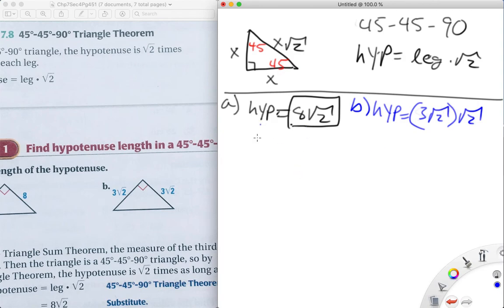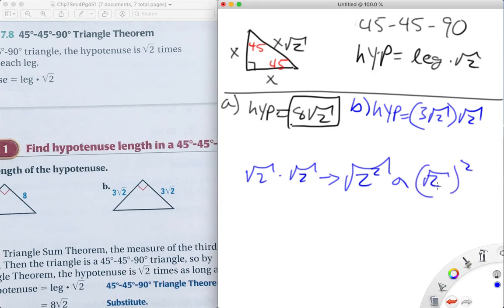Things to note. When you multiply a radical where the numbers under the radicals are the same, it's the same thing as saying the square root of 2, and the thing is being squared. The square and the radical symbols are opposite operations, so they cancel each other out.